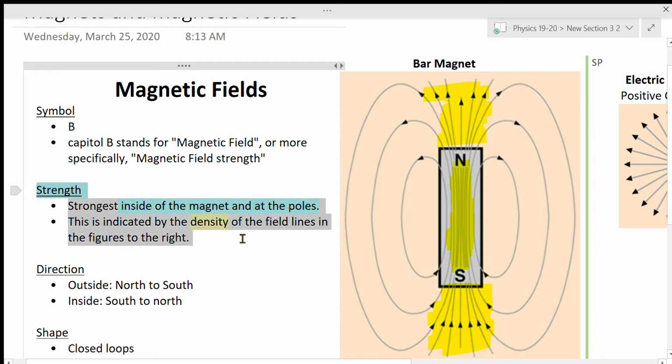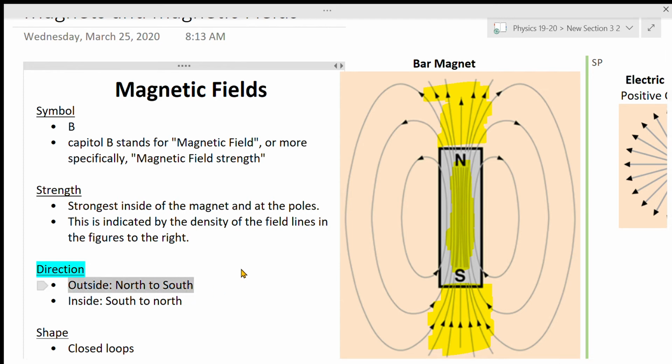Another thing these lines are telling us about is the direction of the field, and the direction is simply shown by the arrows. Let's dive into that a little bit. Outside of the magnet, the direction goes from the North Pole to the South Pole. It points away from the north, then loops around and goes into the south.